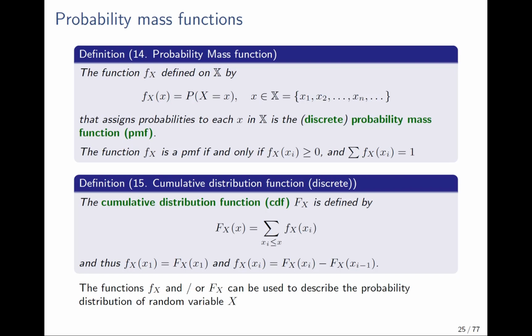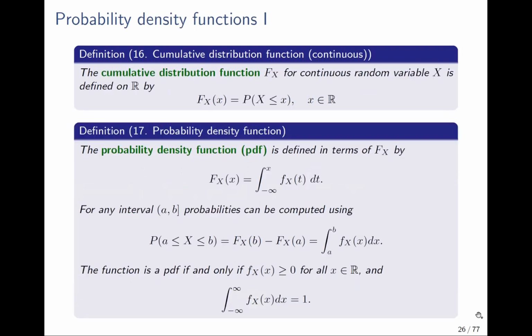a random variable x. Now, the cumulative distribution function is useful because it can be defined for not only discrete random variables, but also continuous. And actually, for continuous random variables, we're going to start with the CDF. So this is the continuous case. Same principle.